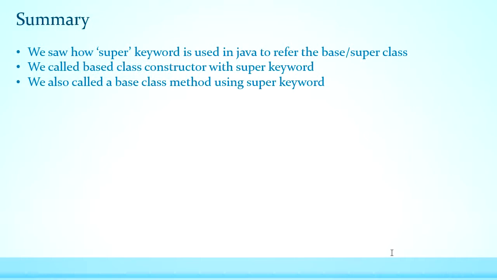Then we also learned what is implicit and explicit constructor. So implicit constructor is the default constructor provided by the compiler. We studied this already when we were learning the constructor in this video series. But here we explored further how it comes into the picture in terms of inheritance hierarchy.